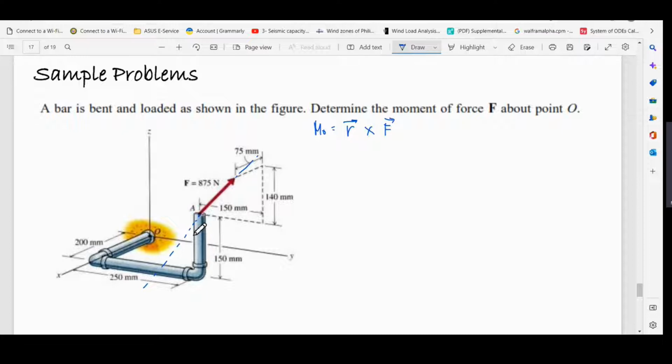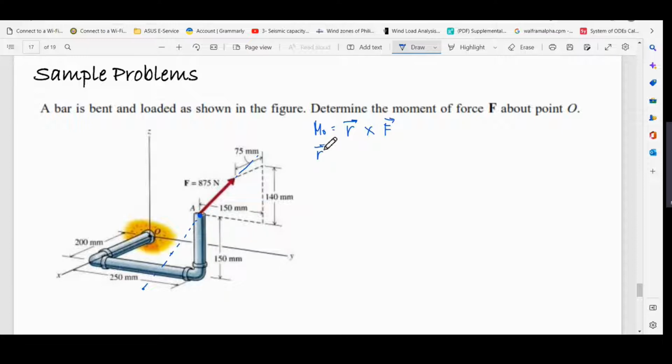So dito, sa ating problem, makikita natin that we have certain given dimensions. Therefore, pwede natin gamitin yung what? Point A. Kasi given na yung coordinates dyan. Although, pwede mo naman kunin dito sa part na to, or even dito. Pero, wala kasing given na coordinates. So, dito tayo, utilize natin yung mga given coordinates.